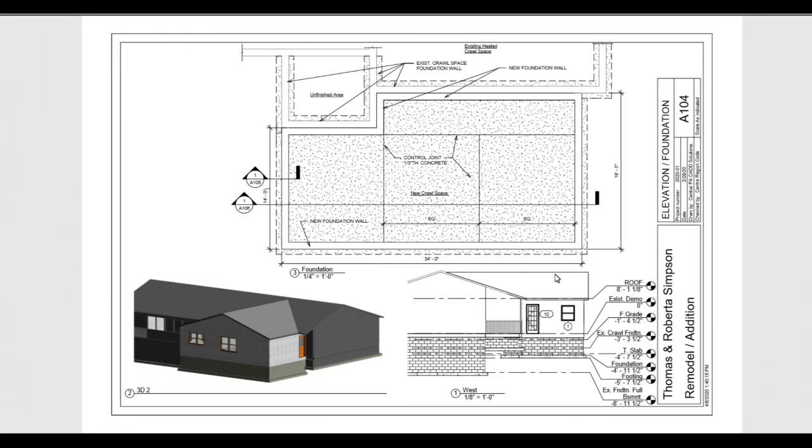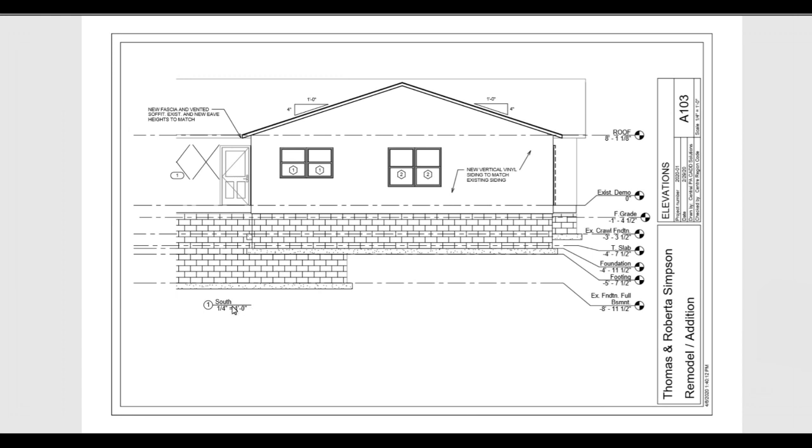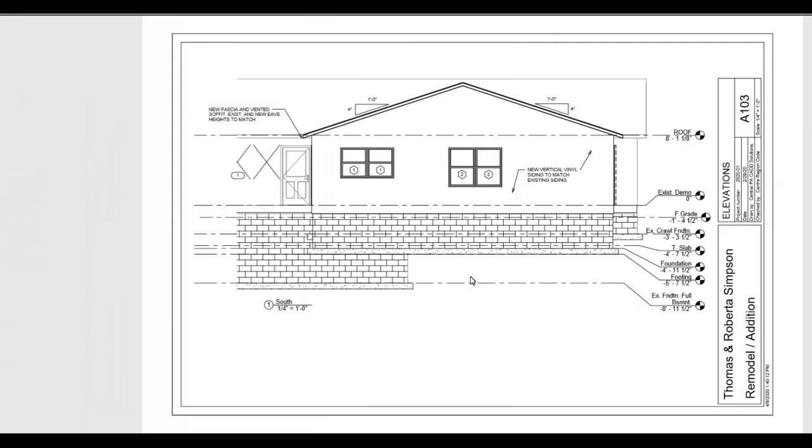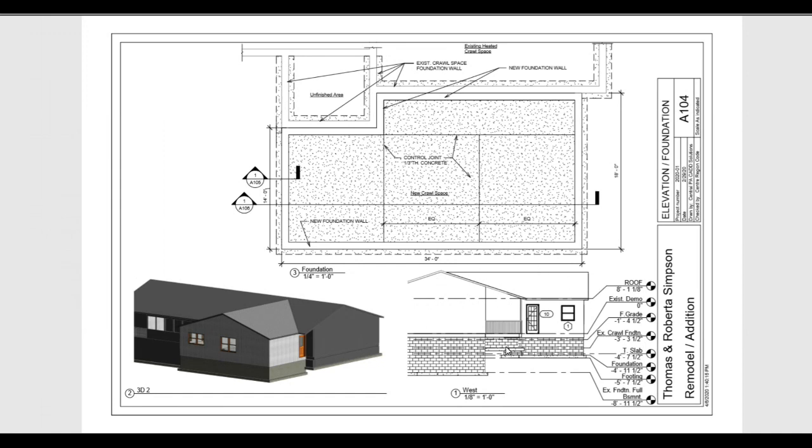And our last elevation, now the significance between this one and the previous: these were at 1/4 inch equals a foot scale. This elevation is at 1/8, and really the only thing that's being shown here is the new window and the new door.